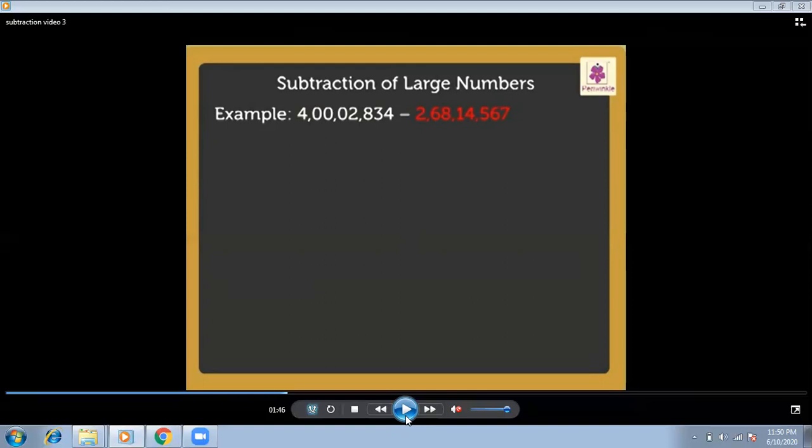Doesn't matter which number is written first. No, it is not about that. The bigger number you will write on the top, and this condition applies in all three operations: addition, subtraction, and multiplication.